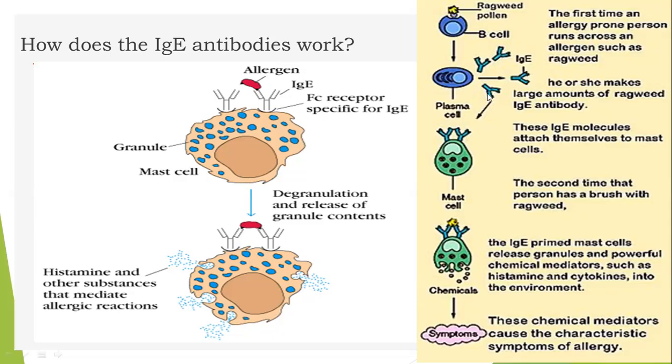So once the IgEs are released, they bind onto the surface of the mast cells, which have a high affinity for them. And once they bind to the mast cell, once the mast cell comes into contact with that same or highly similar antigen, we have activation of the mast cells.